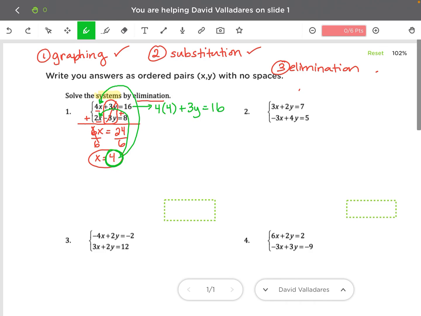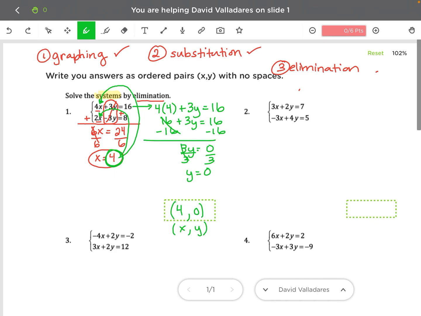Now I just solve this. 4 times 4 is 16, and 16 minus 16 is 0, divide by 3, y equals 0. So my final answer will be (4, 0). Remember, we always do x first and then y. So that's the process of elimination.